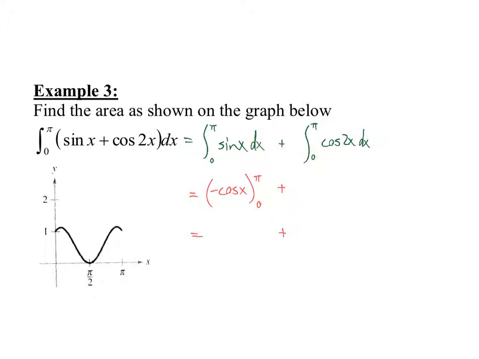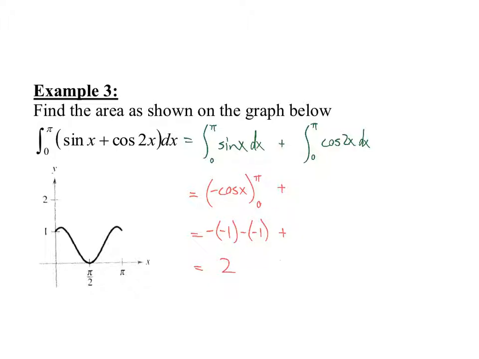What's cosine of pi? Negative 1. Minus a negative, what's cosine of 0? 1. So that first half comes out to 2.